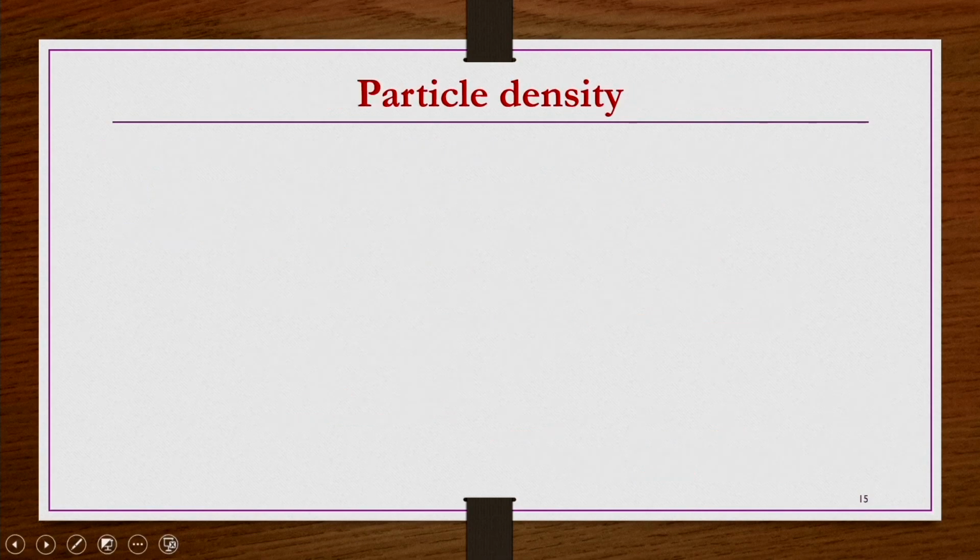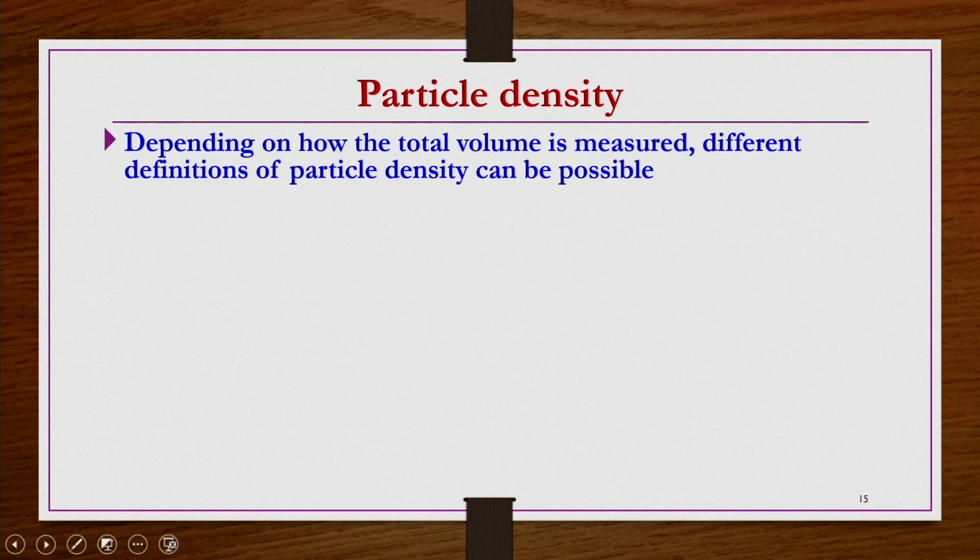Then the particle density, right. Depending on how the total volume is measured, different definitions of particle density are possible, because in general the particles may have flaws, cracks, hollow structures, etc. So, it depends on how you measure the total volume, whether in your volume calculation of the particle you are including these flaws, cracks or porous structures, etc., or not.